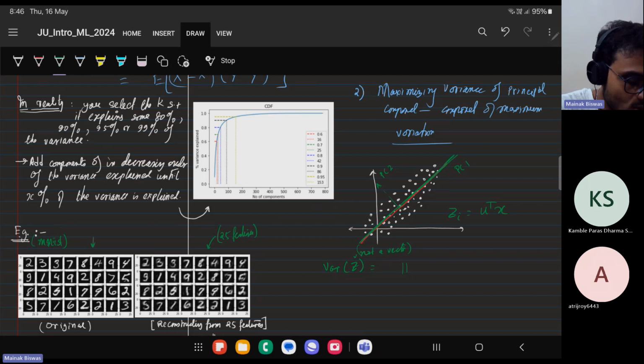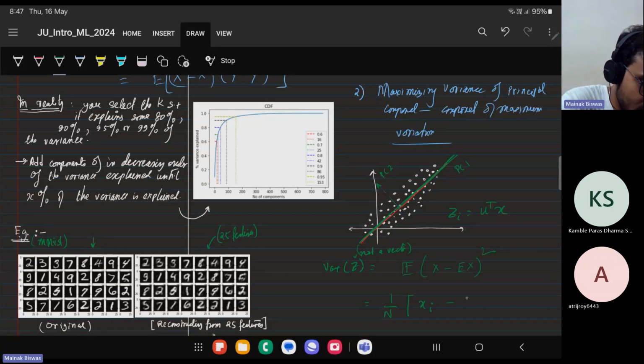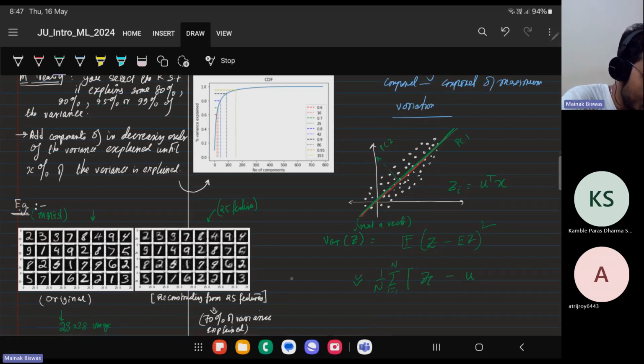Expected value of z minus mu, squared. Yes. So this is 1 by n, summation of zi minus mu. Not x, I'm writing x instead of z, sorry, zi. So this has to be sampled again, approximated by samples. It's called Monte Carlo estimate.